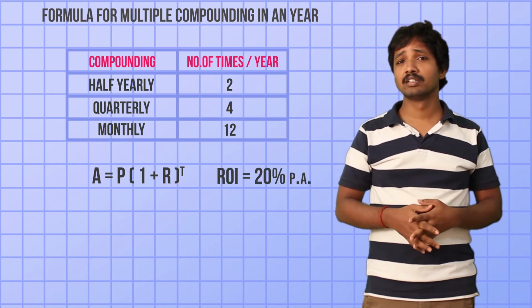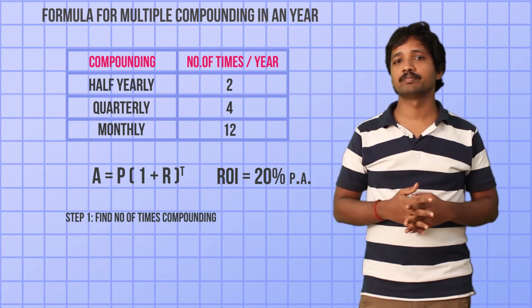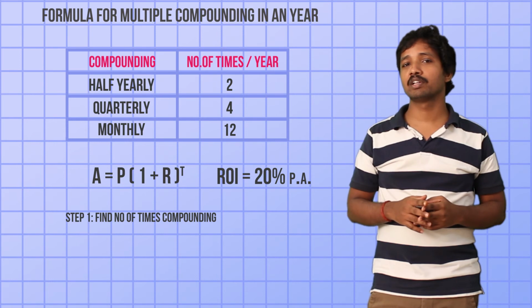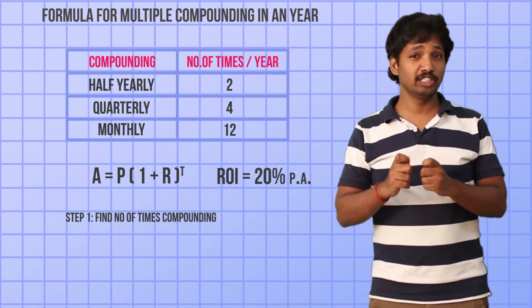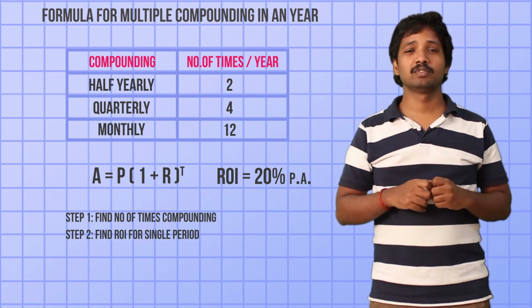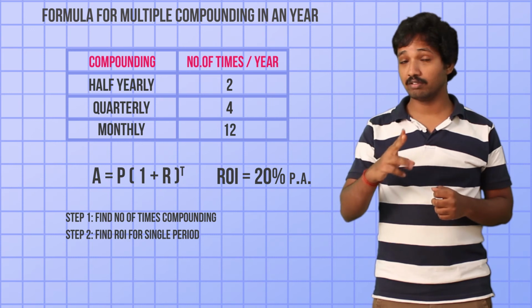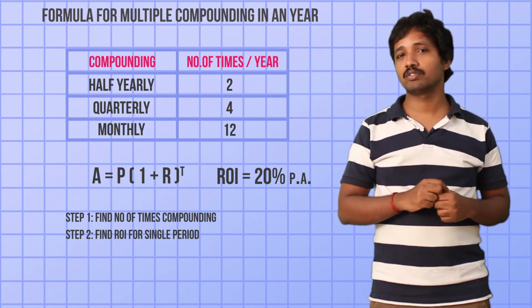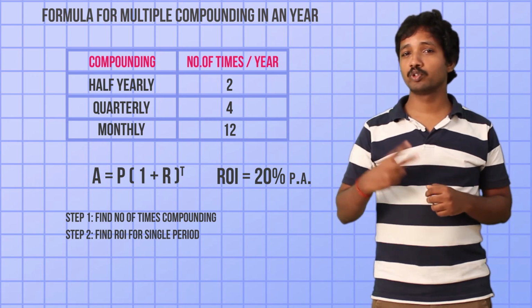What if the rate of interest is compounding half yearly? The compounding frequency is 2 times per annum. The rate of interest given is 20% per annum. Here the frequency is semi-annual, that is half yearly or once in 6 months. So for a year, compounding will happen 2 times.